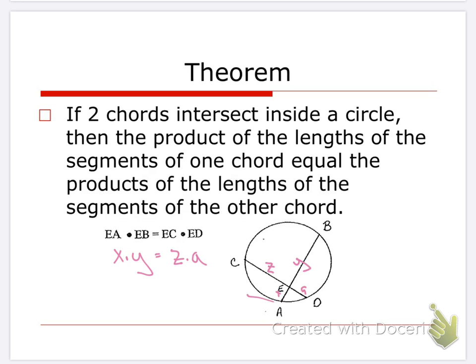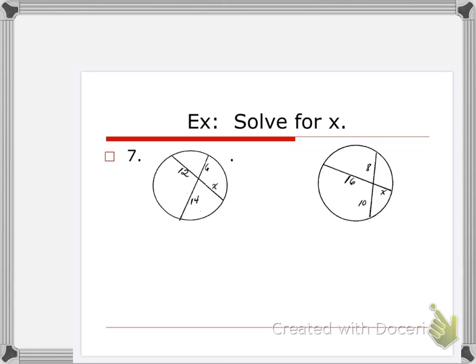So let's get started on that one. Now that we are here, we know that the segments, the parts of our chords, are going to be equal. So we're going to do 12 times x, because it's all in the same chord, equals 6 times 14.